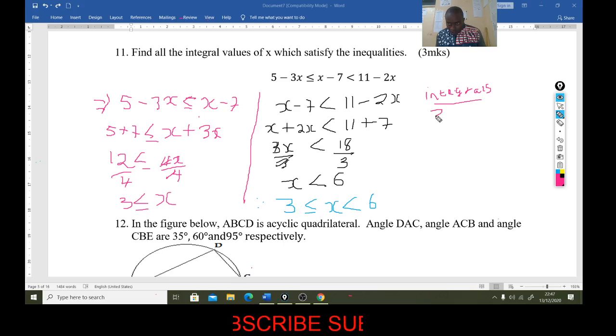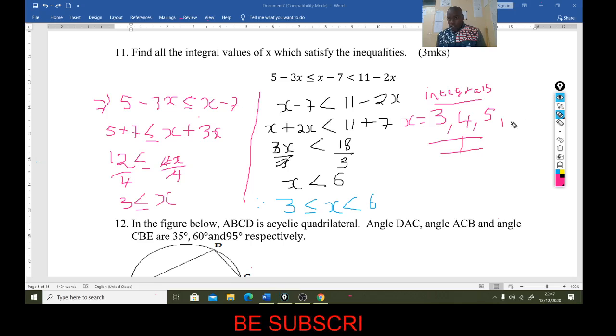So 3 is there, 4 is there, 5 is there. Then remember x is less than 6, it's not equal to 6. So it is either 3, 4 or 5. Those are the integral values.